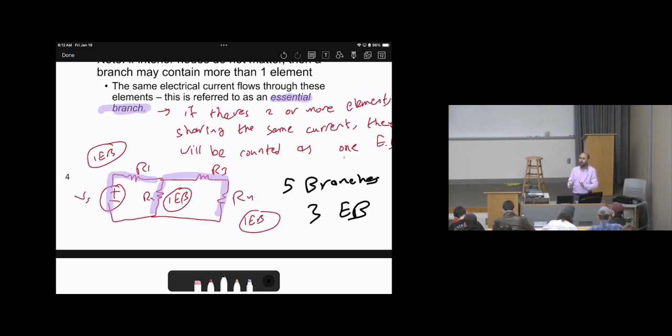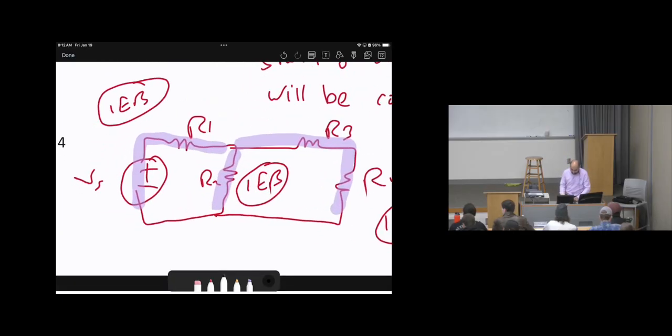Again, how do we know whether these elements are essential branches or not? Basically, look at the circuit. Whenever you see 2 or more elements sharing the same current, this will be counted as one essential branch. How can I know these elements are sharing the same current? You can imagine there is water flowing from here, keep going.